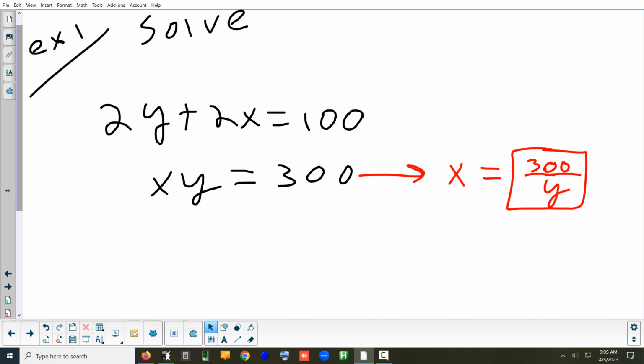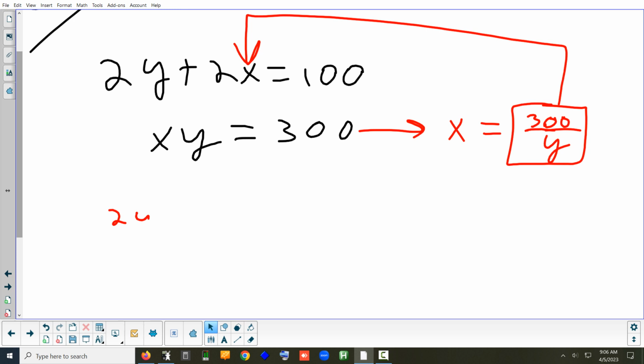All right, and now, Kelly, what am I going to do with that 300 over y? You're going to substitute it in the top equation for x. Yeah, I'm going to substitute that in the top equation for x and see what we get. So 2y plus 2 times 300 divided by y equals 100.